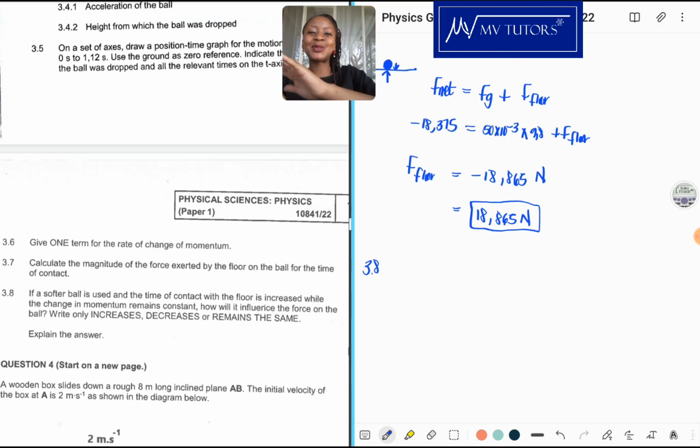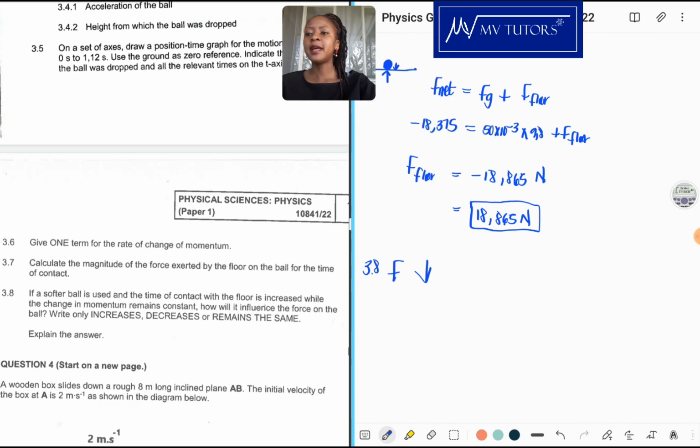It's basically to increase the contact time, and if you increase contact time, the force will be less, and therefore your hands won't be hurt. So even here, if you're increasing contact time, the force keeps decreasing. So the force will decrease.